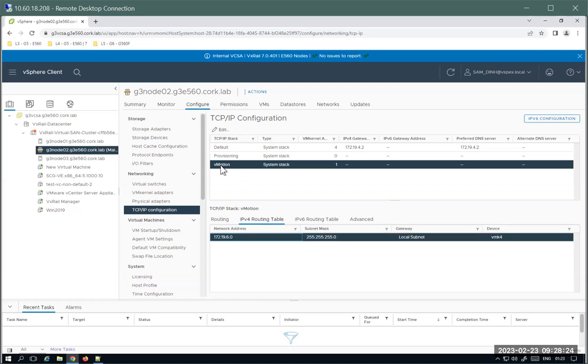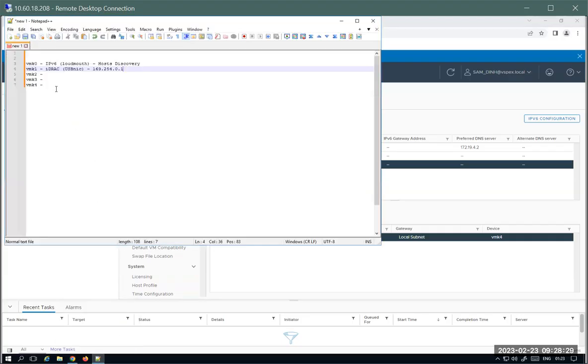So why? Because vMotion traffic is very fast, right? We need it fast, and to make it fast, we make it unencrypted, right?